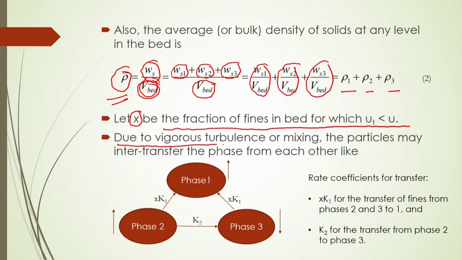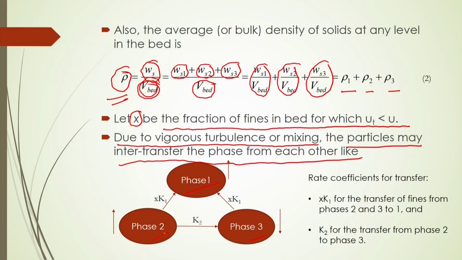Due to vigorous turbulence or mixing, the particles may intertransfer between phases. Here we have phase 1, phase 2 and phase 3. From phase 2 to phase 1 there will be a transfer of solid particles.